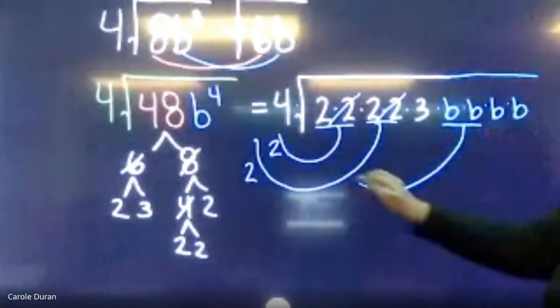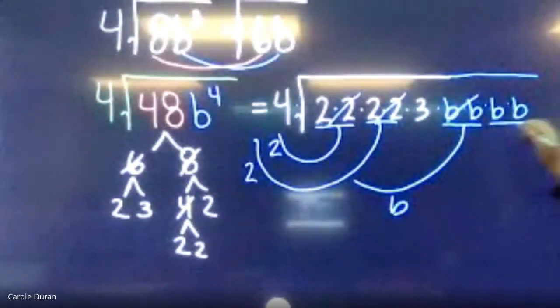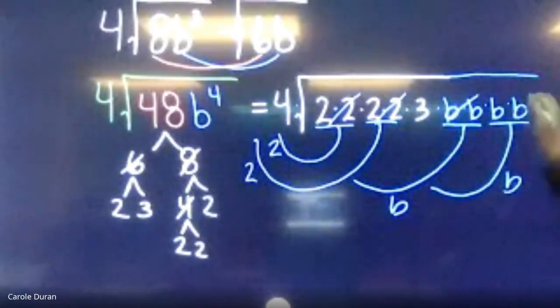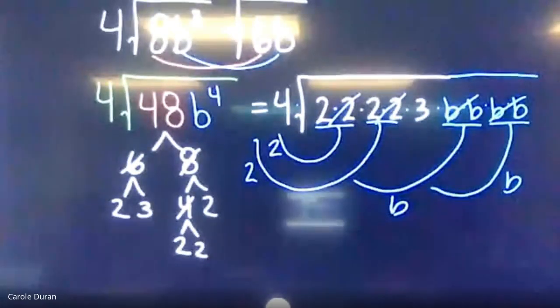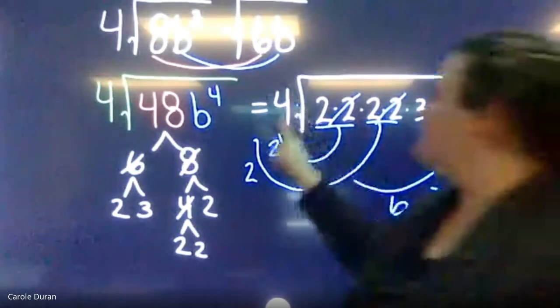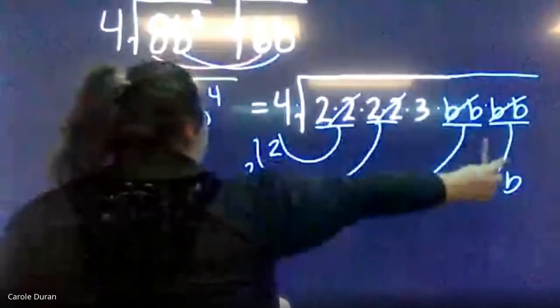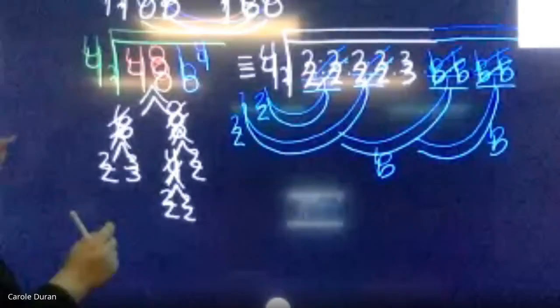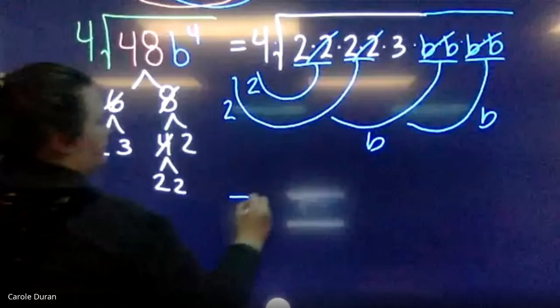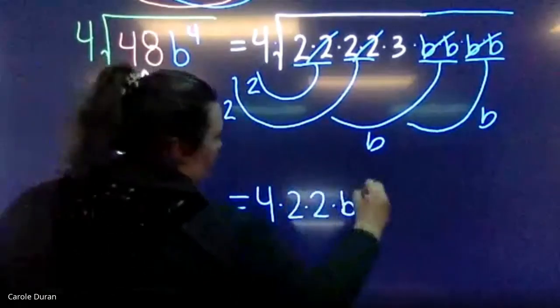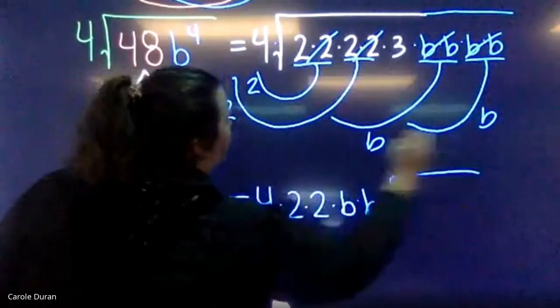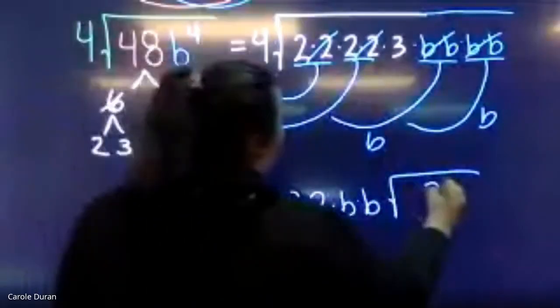Each group of b is going to pull a b out of here and put it out front. So now what I'm left with is 4 times 2 times 2 times b out front, and all of that times the square root of 3.